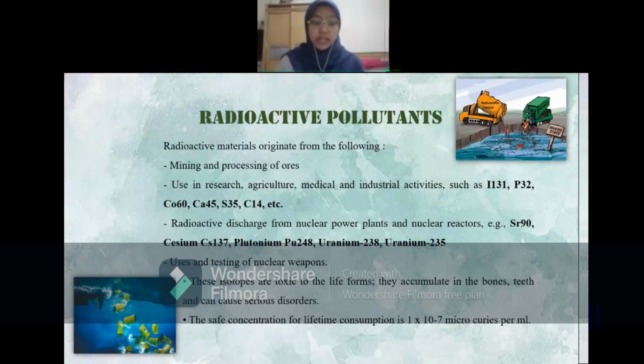This pollution is defined as the physical pollution of living organisms and their environment as a result of the release of radioactive substances into the environment, such as mining and processing of ore, use in research, agriculture, medical, and industrial activities, such as cobalt-60, carbon-45, and radioactive discharge from nuclear power plants and nuclear reactors.